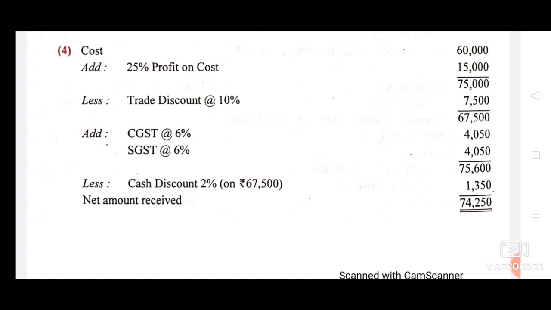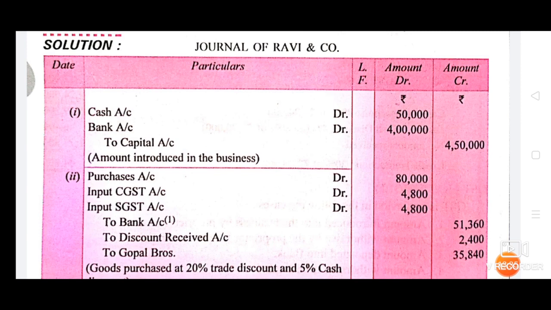Now we will see the journal entries actually passed. See the journal entry. First journal entry: started business with cash rupees 50,000 and check rupees 4 lakhs. And it is obviously assumed that the check is deposited into the bank.